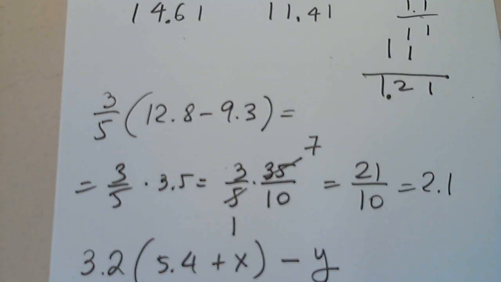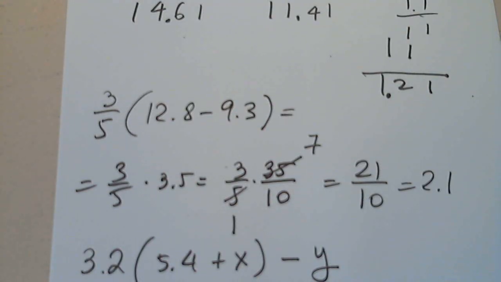Do not write the final answer in the chat because I will ask everybody to give me an answer. Take your time. Replace x by negative 1.4. Replace y by 5.8. And simplify.